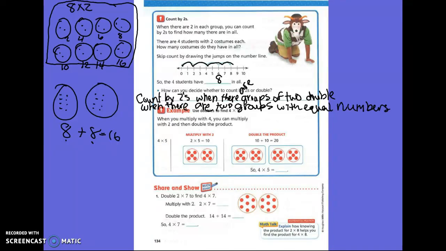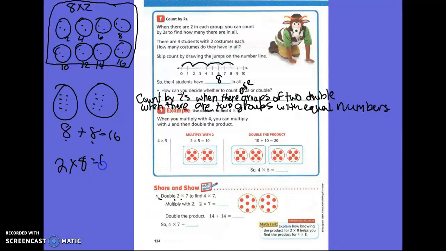Now, let's multiply with 4 using 2, doubling the product to do 4. When you do 4 times 8, we'll say 4 times 8 real quick. What it means by doubling it is 2 times 8. 2 is half of 4, right?